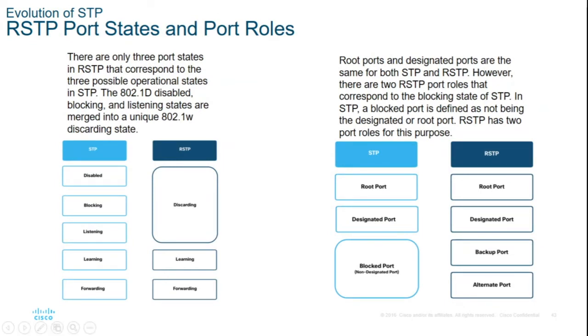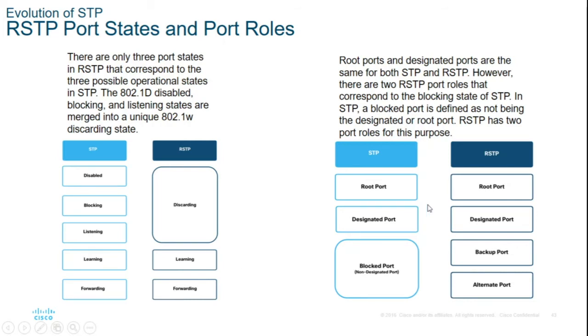RSTP port states and port roles. Looking at the diagram on the left, RSTP has only 3 port states as compared to the original STP, which has 5. The disabled, blocking, and listening states are merged into a unique 802.1w discarding state. Learning and forwarding states remain the same.